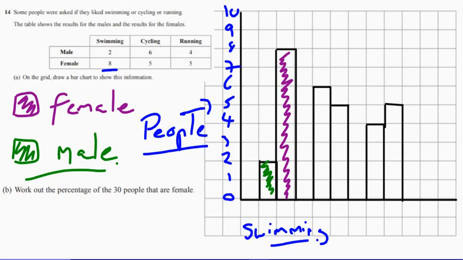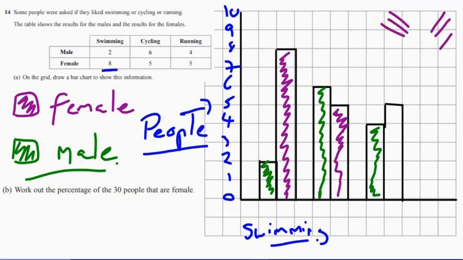Let's just shade in the rest. Those ones are going to be the males. Remember, if you've got a pencil, you could just do some lines that way, and then maybe do lines that way. And then we've got females there.